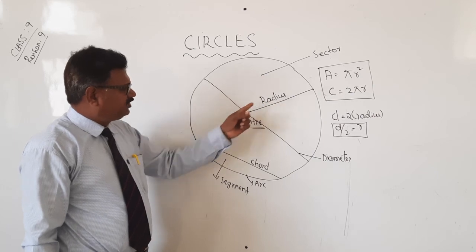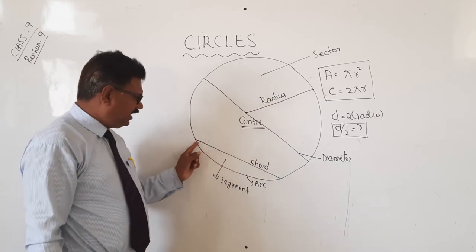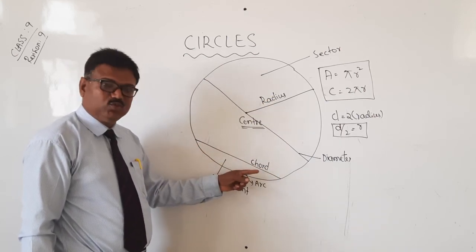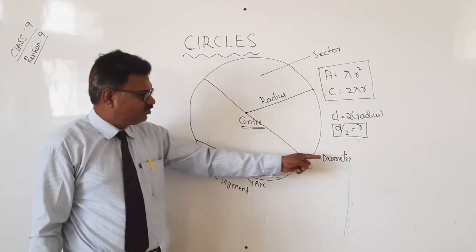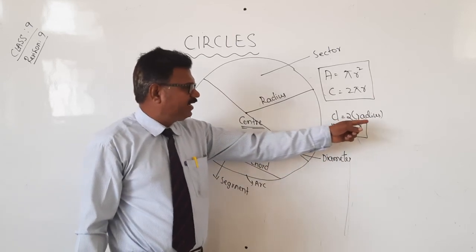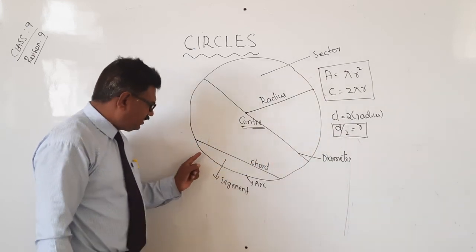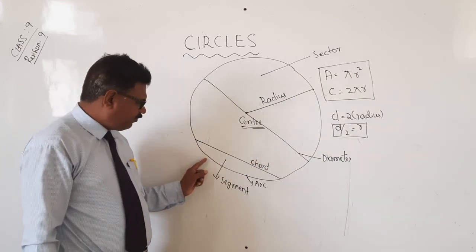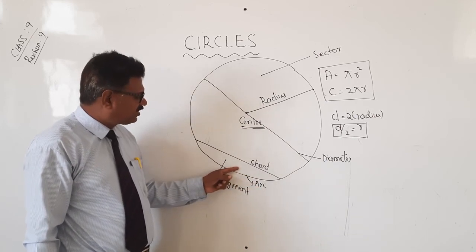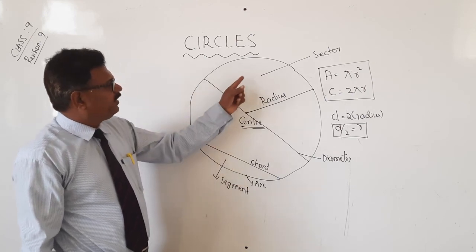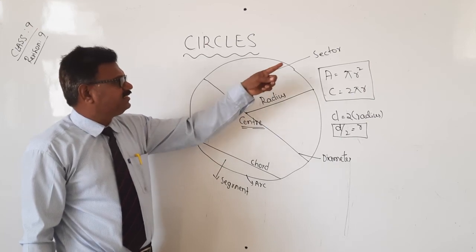The line joining the center to any point on the circle is nothing but radius. The line joining any two points on the circle is a chord, and the longest chord, which passes through the center, is known as the diameter, and diameter is equal to 2 times radius, or radius is equal to diameter by 2. The part of the circle is known as an arc. The space occupied by the chord and the arc is a segment. The space occupied by two radii and an arc is a sector, like this.